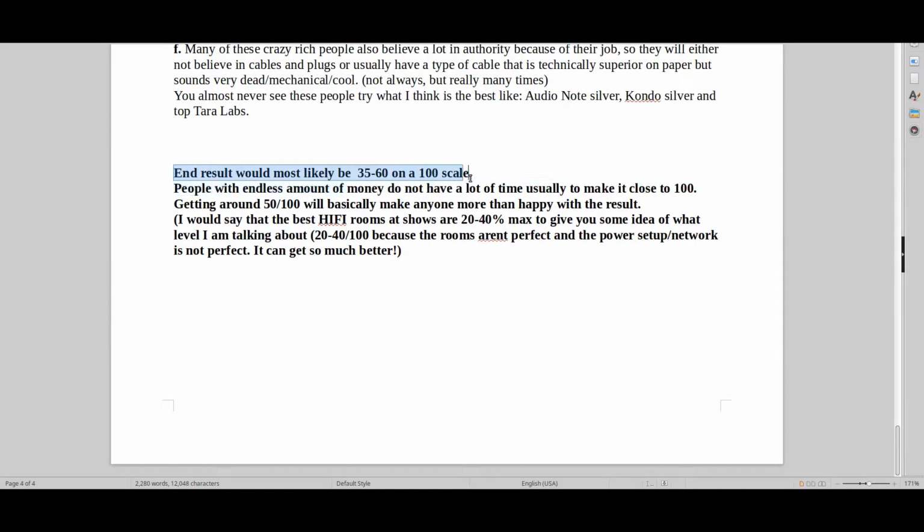And still they only get up to about this of the overall potential.